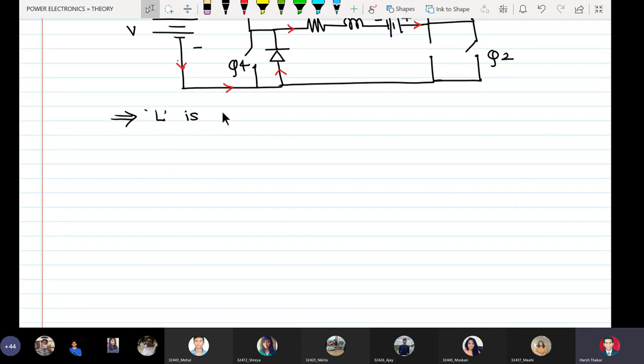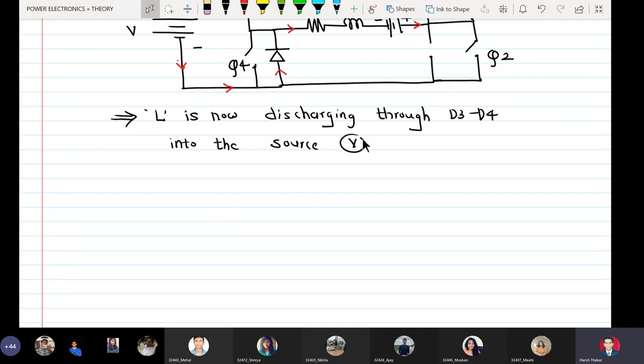L is now discharging through D3, D4 into the source V. Hence, they are known as feedback diodes.